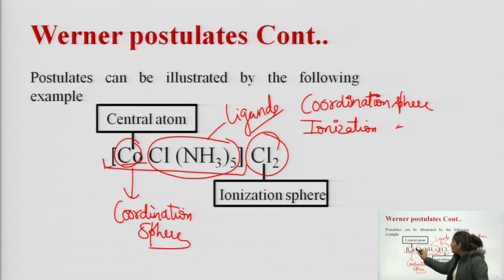These are the ligands that are bound to the central atom and form the coordination sphere, and this is the ionization sphere.